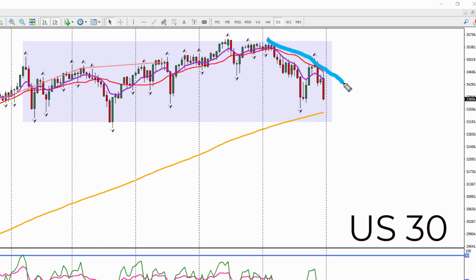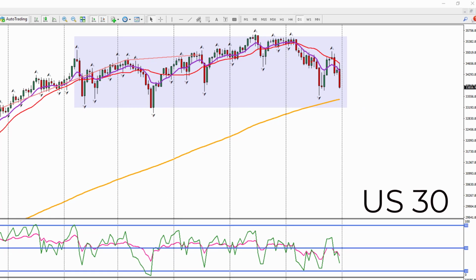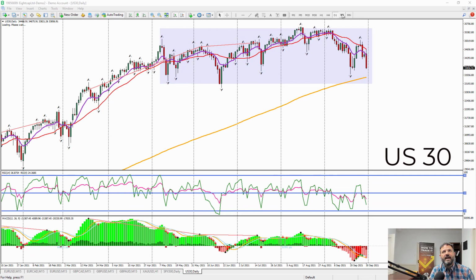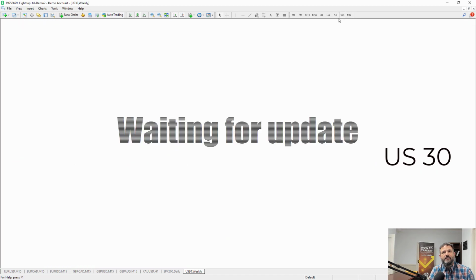If we look at this trend line, if price comes down here and then comes back, what we're going to want to look for is a price action signal, a pin bar, a failure, or some kind which shows that we're heading lower. Now, I'm going to break this down. Let's go out a little bit further and look at a weekly chart.